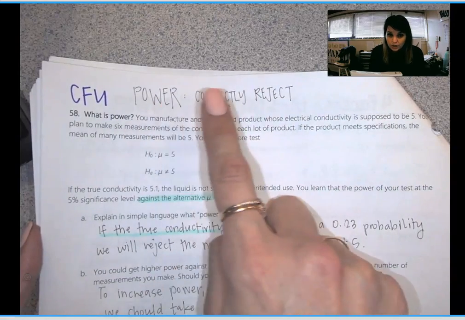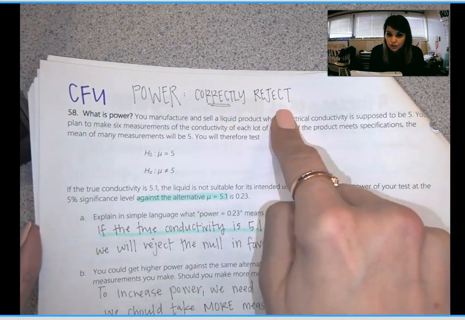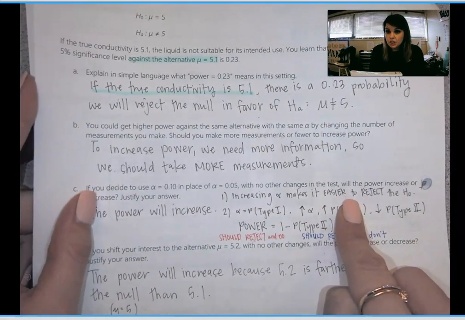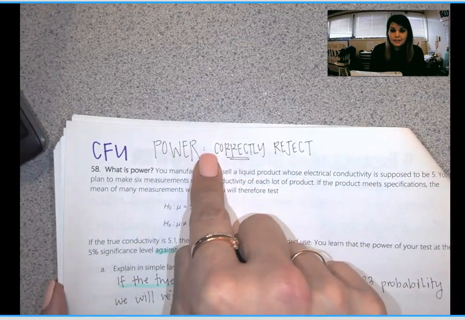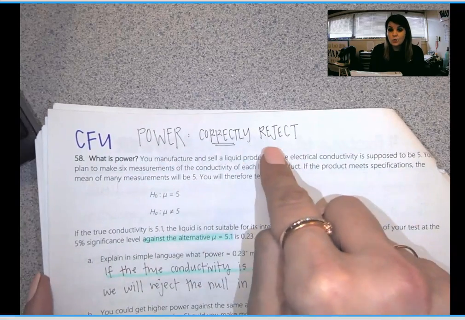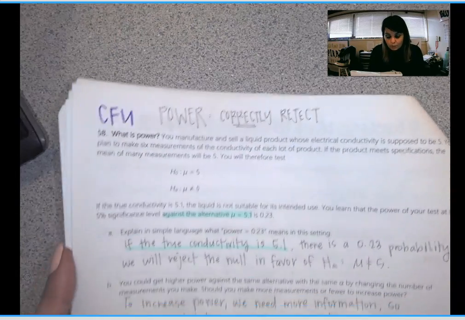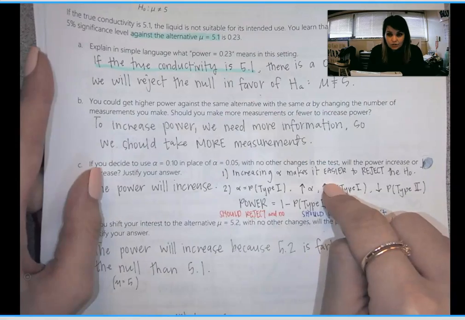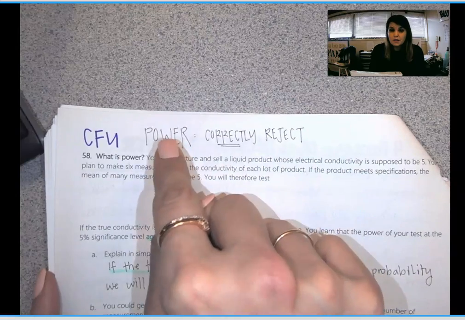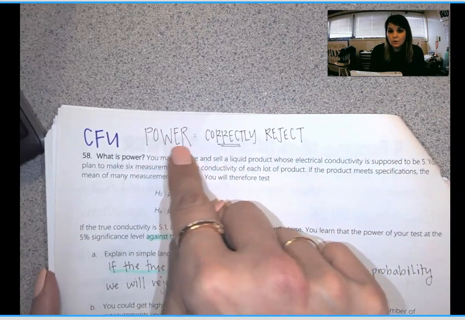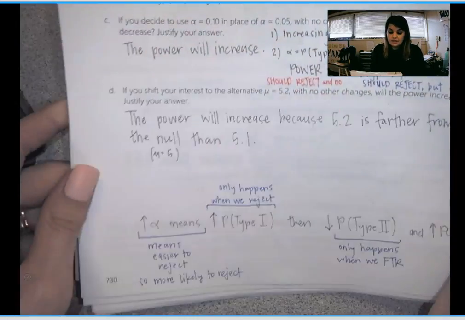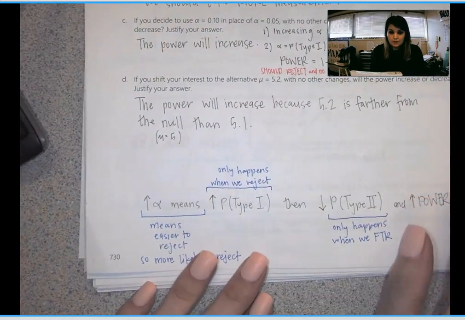So if you make it easier to reject, your power is higher, because your power happens when you reject. You make it easier to reject the null, you make your power higher, because power is related to situations when you reject the null. Okay, now let's dive in a little bit deeper into that.